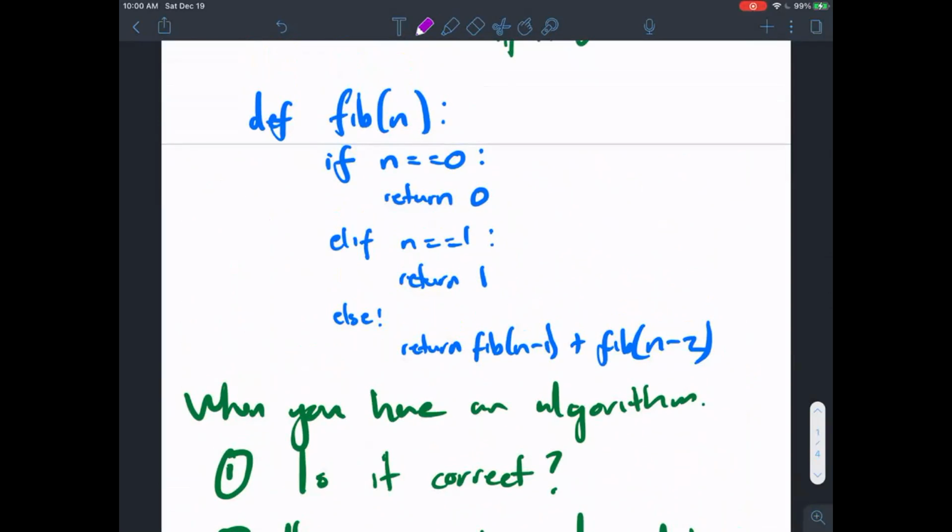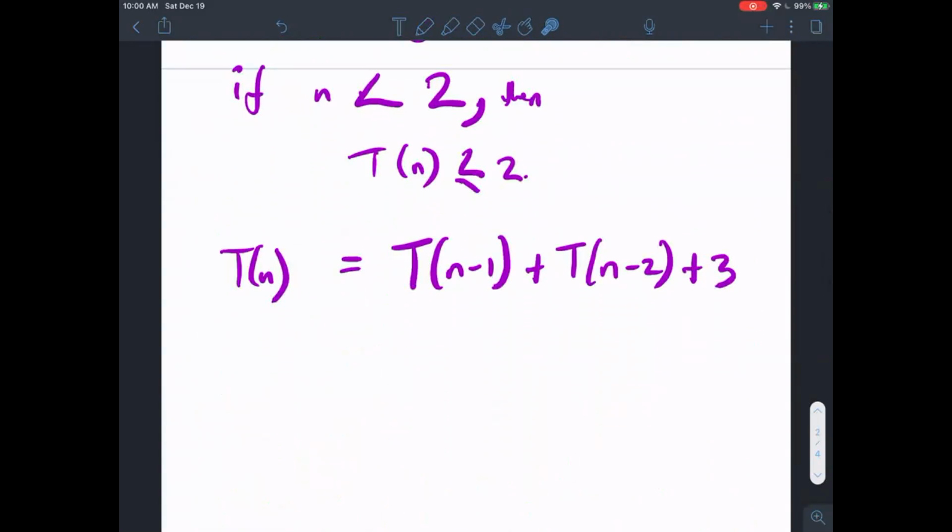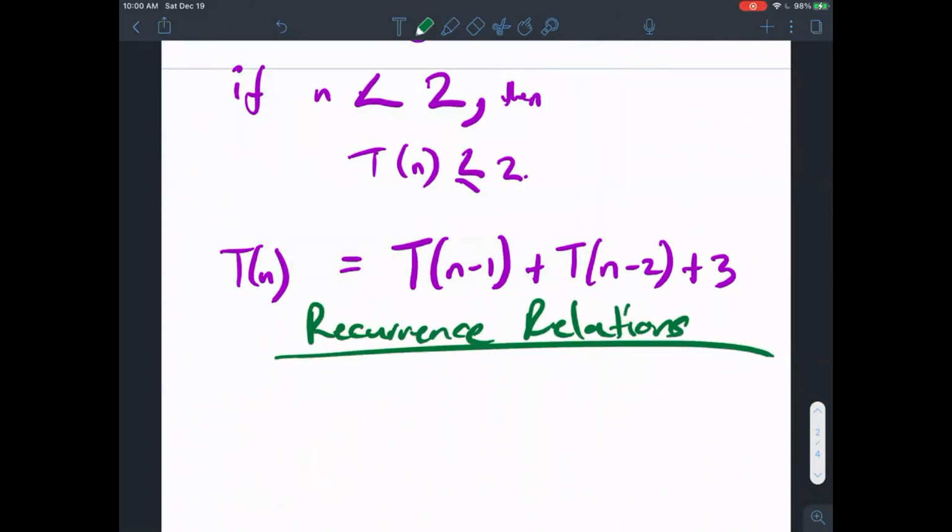That's one step: checking the value of n and also checking this value of n, and then adding these ones. So that's where that 3 comes from. What we now have is some kind of recurrence relation, for those who might want to look at this further. But we're not going to go much deeper into the mathematics.